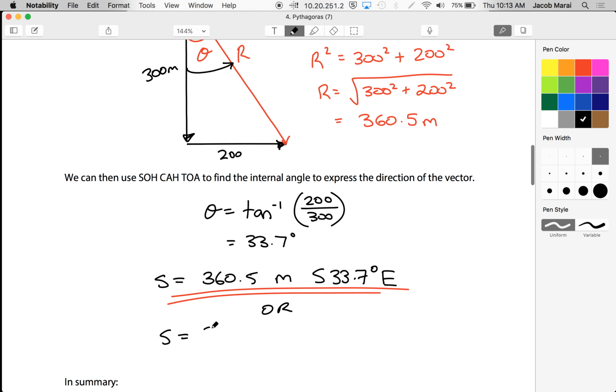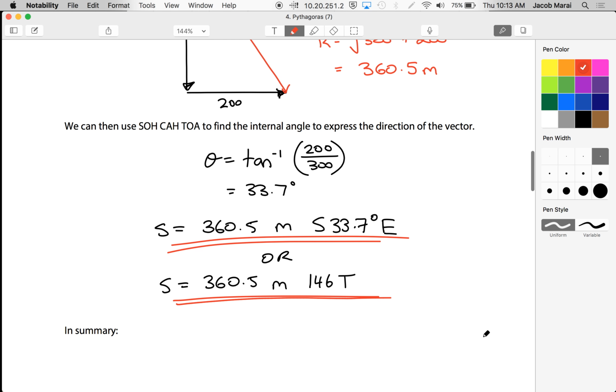Remember, it's got to be a 3-digit number. So it's 146 capital T. Yeah, so again, we don't really provide decimal places. We express it to the nearest degree. Okay?